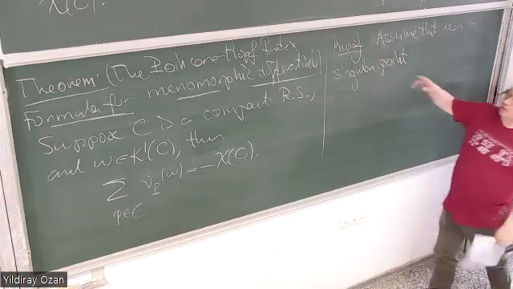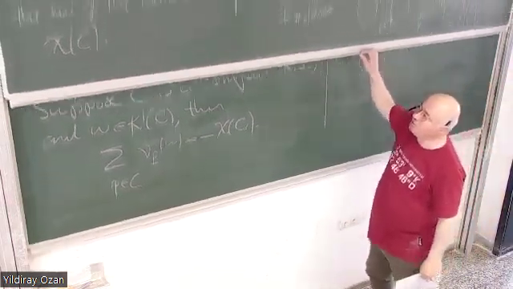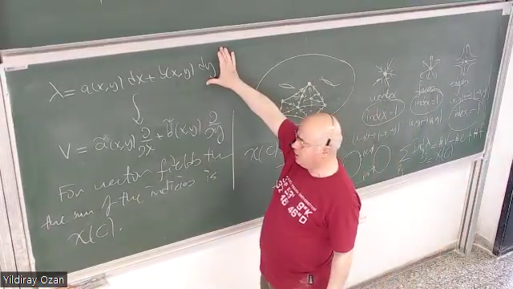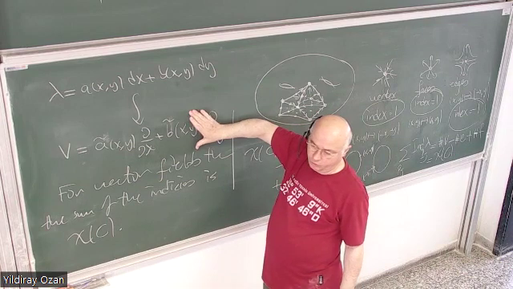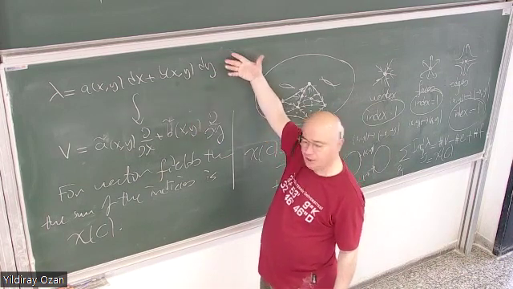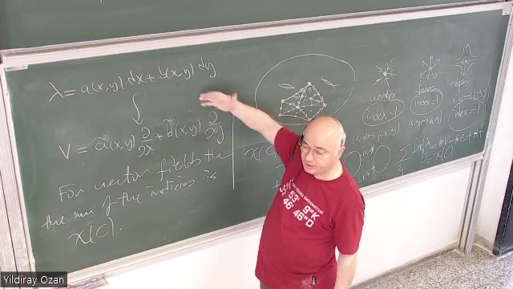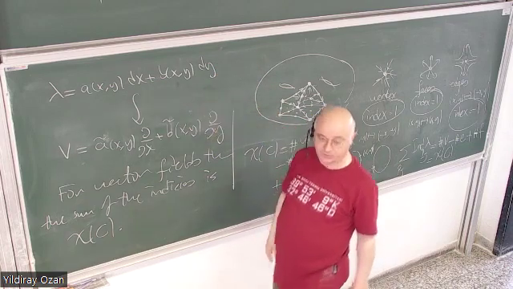Note that for differential forms here we talked about singularities, but here I counted zeros. So singularities of the differential forms are translated to the zeros of the vector field. Okay?